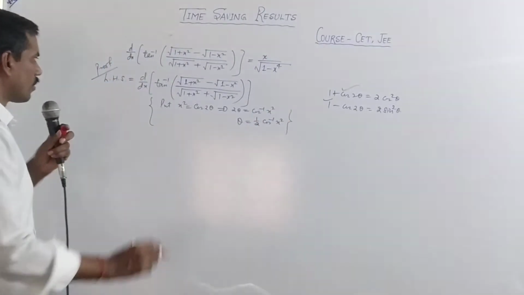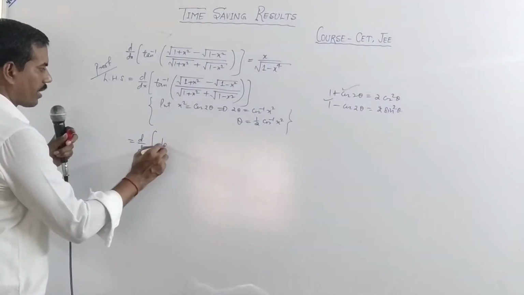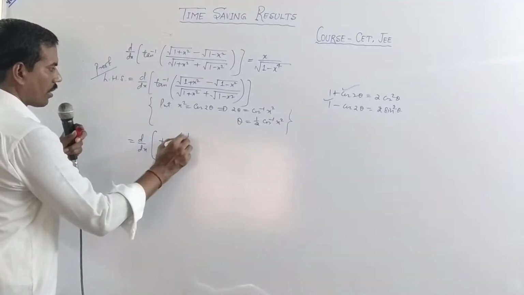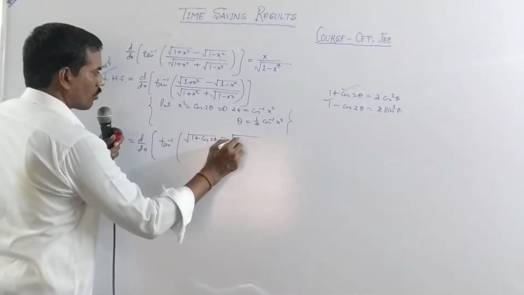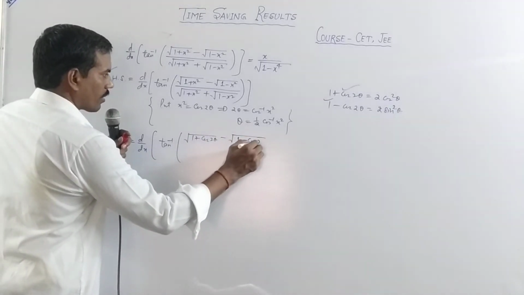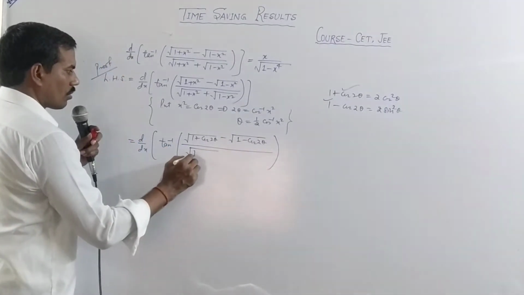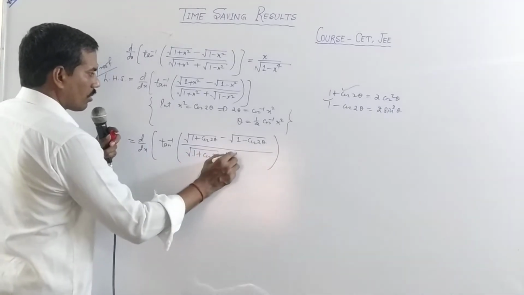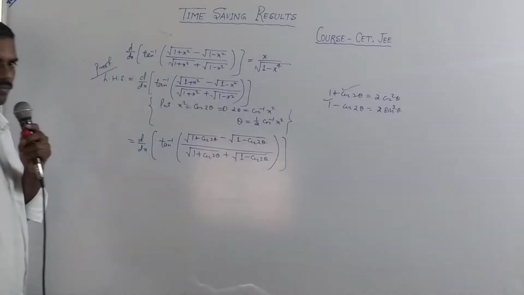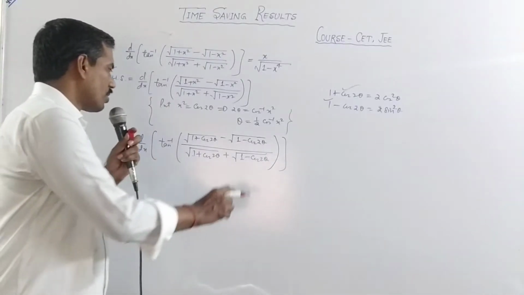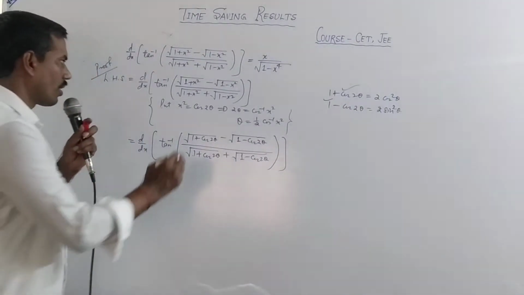Okay, we get this is equal to d by dx of tan inverse of (under root of 1 plus cos 2 theta minus under root of 1 minus cos 2 theta) whole divided by (under root of 1 plus cos 2 theta plus under root of 1 minus cos 2 theta). We have substituted the value of x square as cos of 2 theta.